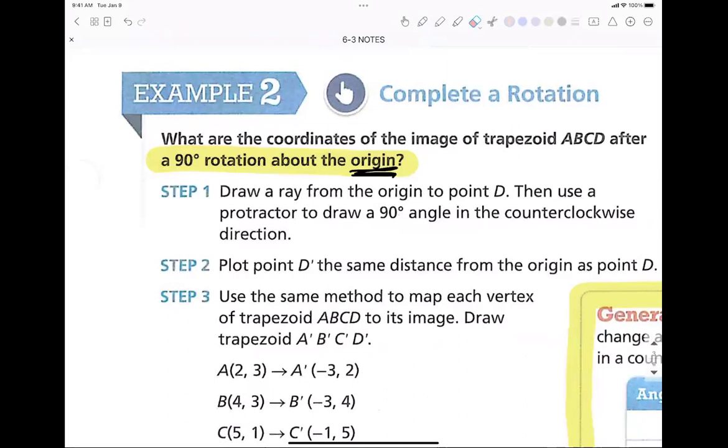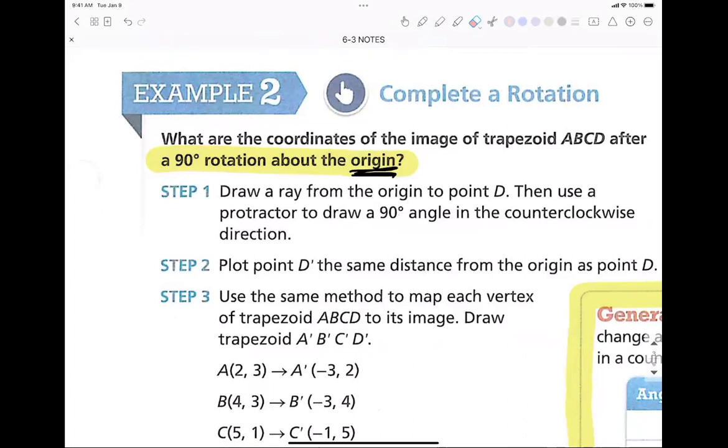Is this rotation going to be clockwise or counterclockwise? They don't tell you. They do, but they don't. Chase? Counterclockwise, because it is a positive 90 degrees. So we know it's going to be a counterclockwise rotation about the origin.